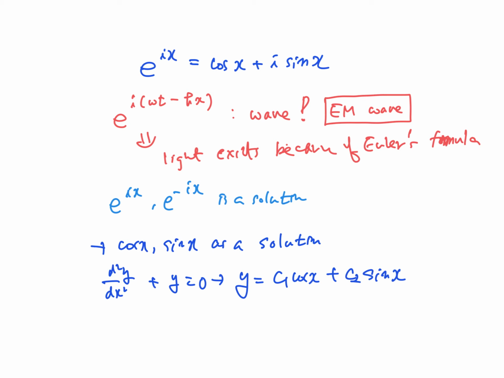So we can apply boundary conditions. In many cases, say y(0) is 0 and y(pi over 2) is 1.